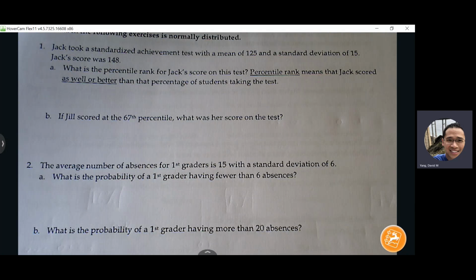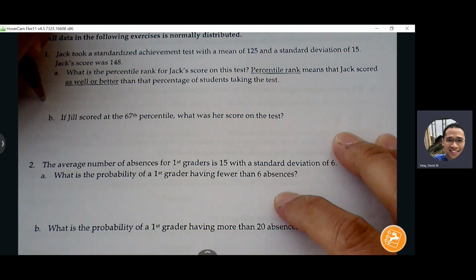Okay, part A, what's the percentile rank for Jack's score on this test? Percentile rank means Jack scored as well or better than the percent of students taking the test. So let's find the z-score.